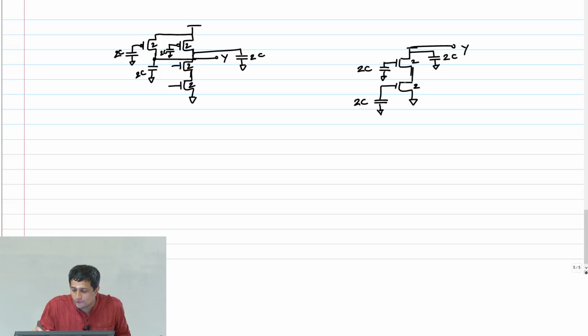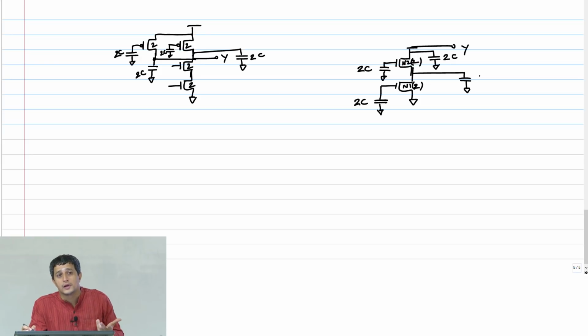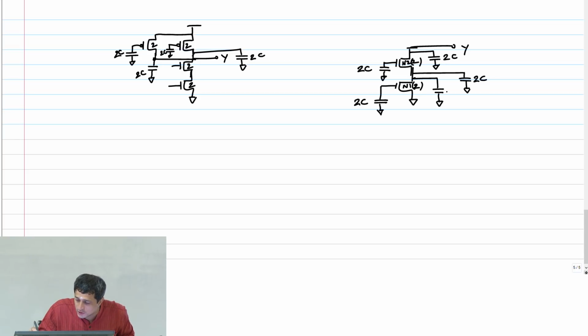The source of, let me call it N1, N2, right? This is the sizes. The source of N2 is going to have a capacitance of 2C again, right? Wherever you have a node, you got to put a capacitance and scale it by the width. The drain of N1 will have a capacitance of 2C.